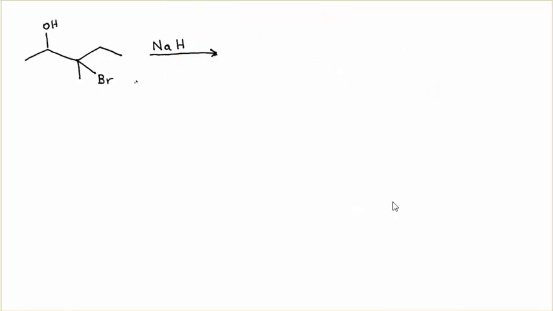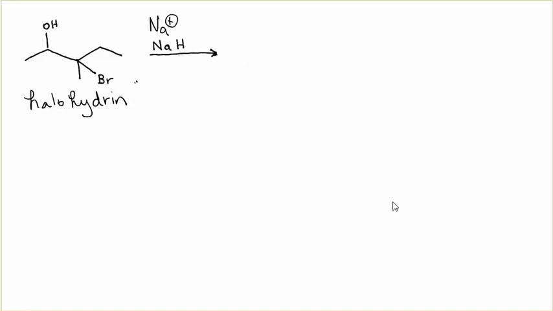Next up, we have a halohydrin. A halohydrin is when you have an alcohol right next door to a good leaving group. In this case, it's a bromide, a halogen, really. So the halo is the bromide, the hydrin is the alcohol. So that's what a halohydrin is. We're going to react it with sodium hydride.